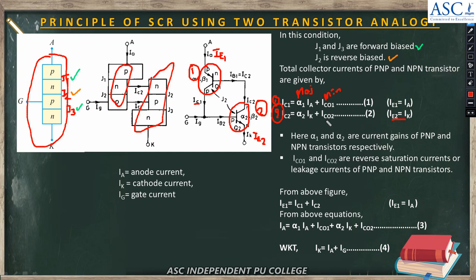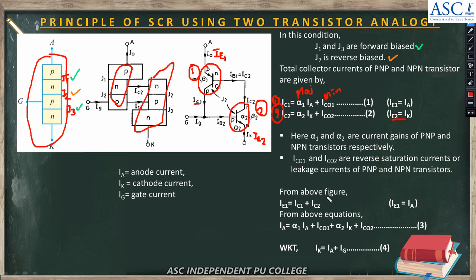Here ICO2 is due to minority charge carriers that we call it as reverse saturation current or leakage current of NPN transistor. Alpha 1 as well as alpha 2 are current gains of PNP as well as NPN transistors. IK is cathode current, IA is anode current.